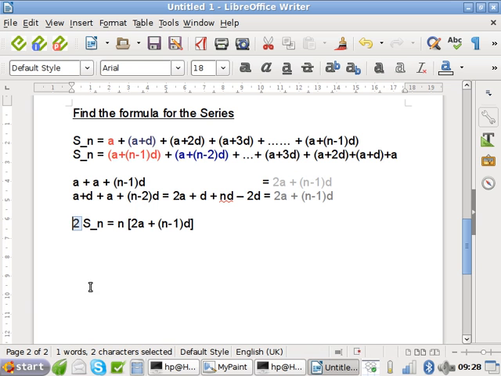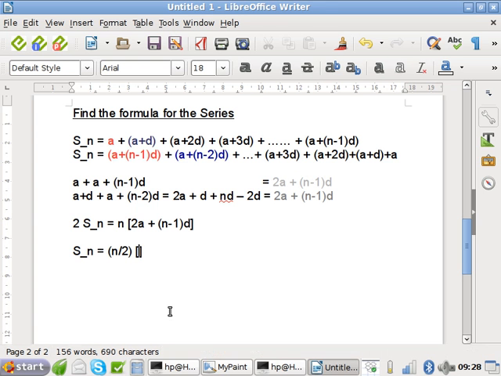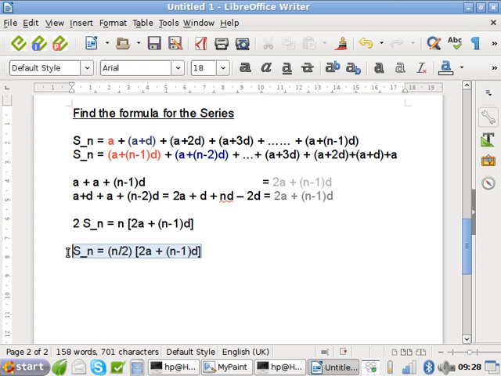So now I have Sn equals, if I divide by 2, n over 2 times 2a plus n minus 1d. Now this formula I'm sure looks familiar to some people. This is the formula for the series. So I suppose that should be put in the center.